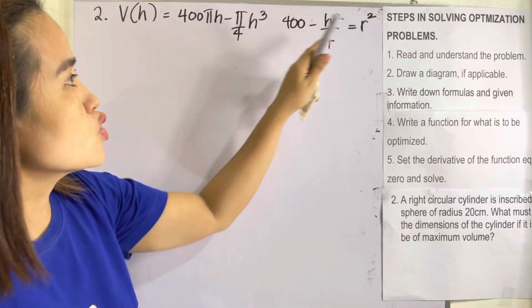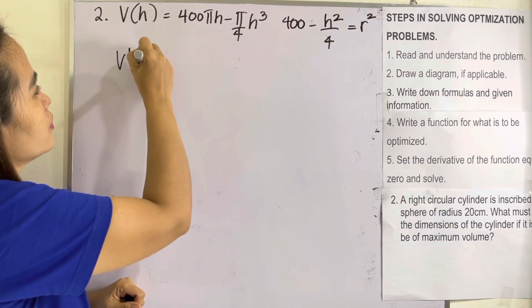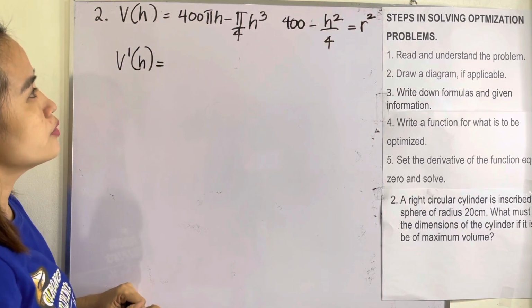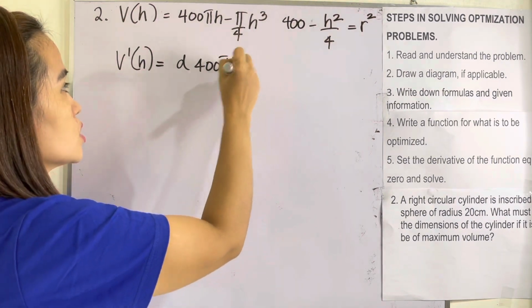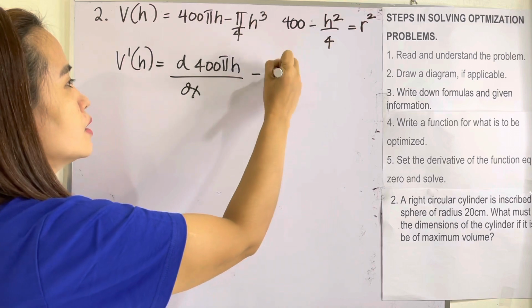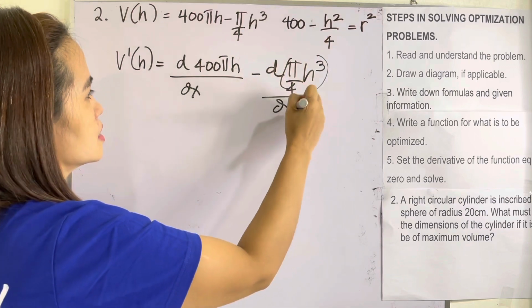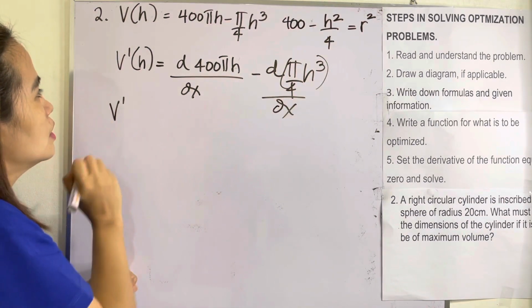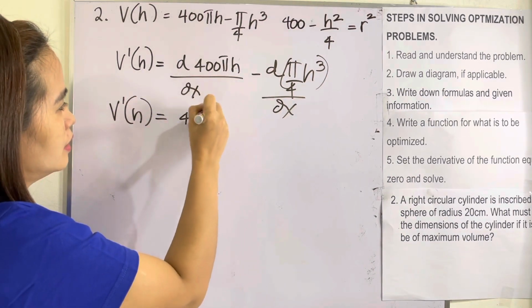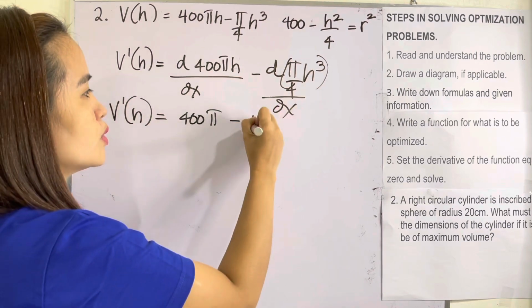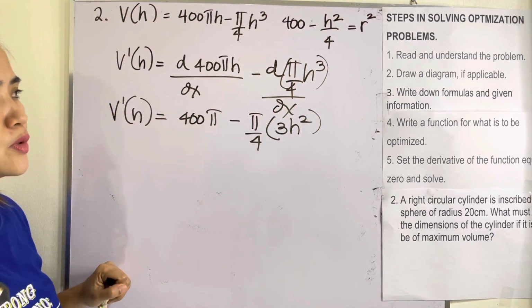Remember that our aim is to solve for the r and of course the h. Let us get now the first derivative of this, v prime of x. So we have derivative of 400 pi h over dx minus the derivative of pi over 4 h cubed over dx. So this is v prime of h is equal to 400 pi minus pi over 4 times 3h squared. Derivative of this is, of course, 3h squared.